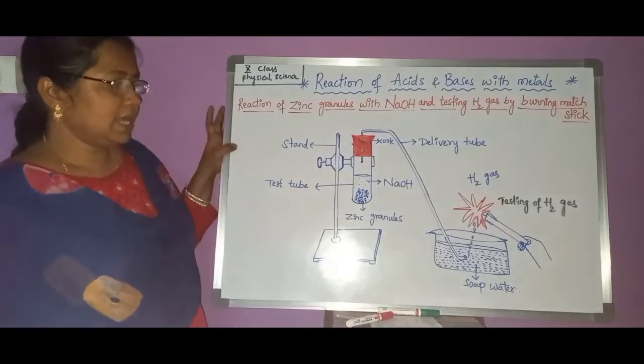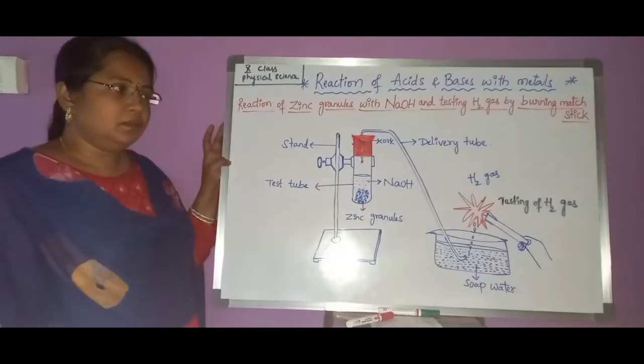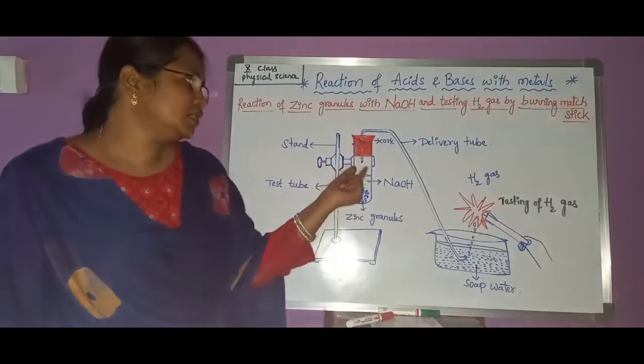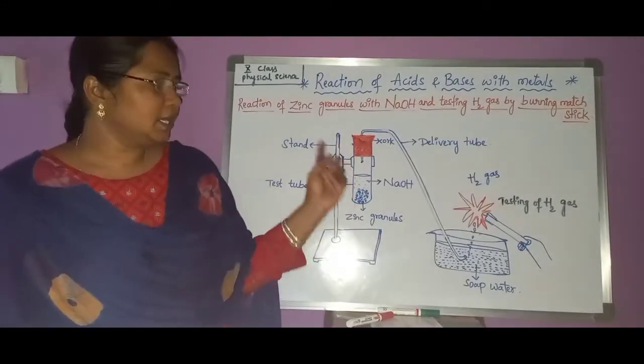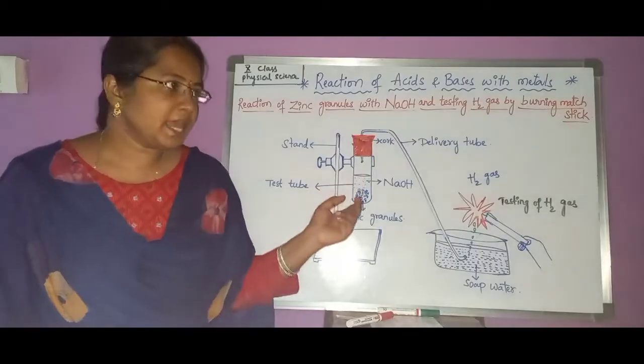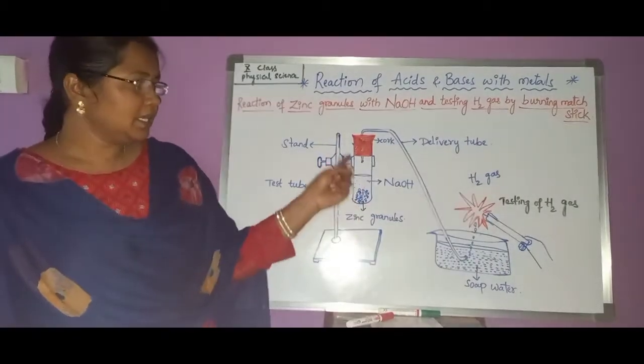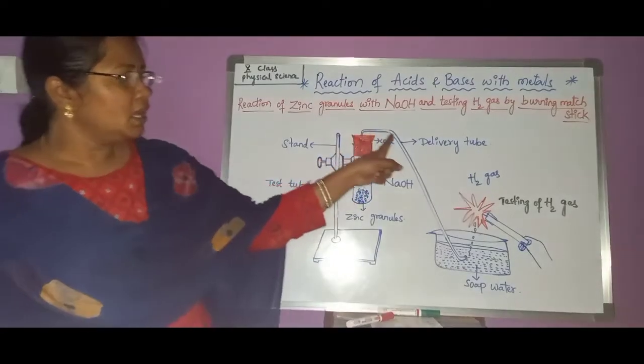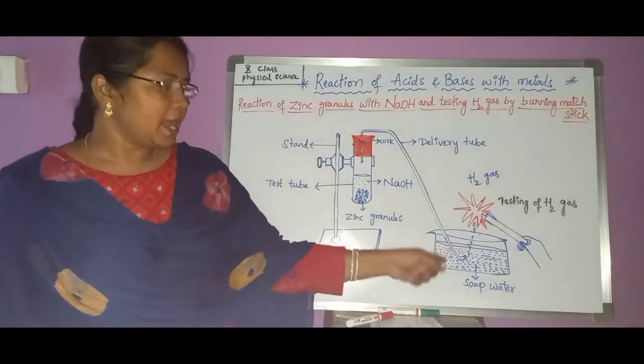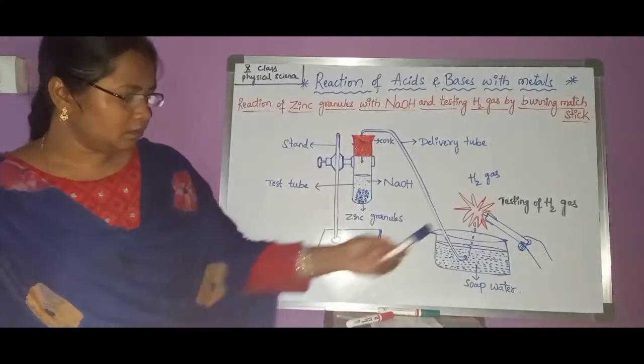In this activity also, immediately when we close the mouth of the test tube with a rubber cork, a colorless gas is going to be formed upon the reaction between zinc and NaOH inside the test tube. The colorless gas which is liberated will slowly pass through the delivery tube and enter here.